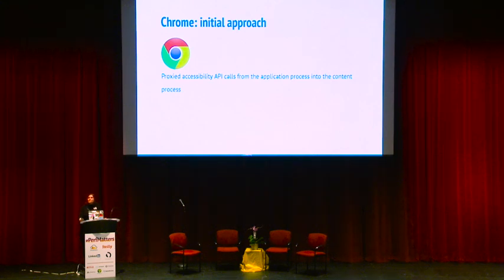Chrome was the first one to look into this, and initially what they did was they had the screen reader sit inside the application process, send out a query via the accessibility APIs. Chrome would then take that query, transmit it into the content process, retrieve the information that was needed, send the answer back into the application process, at which point the screen reader would have access to it.